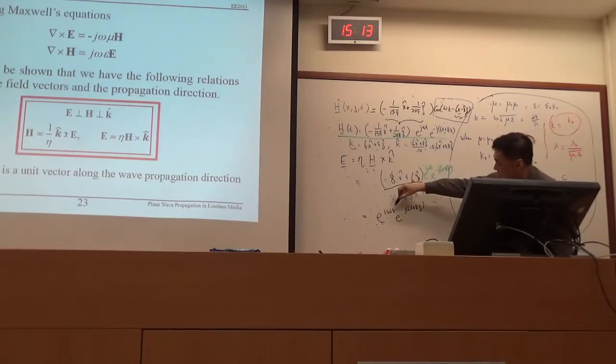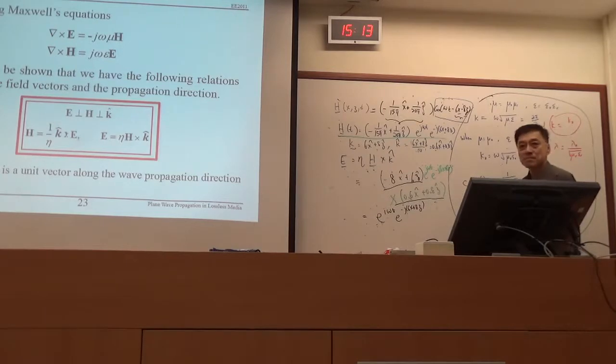Now I want to cross these two vectors. ax cross ax is 0, since the cross product of the same vector is equal to 0. ax cross az equals minus ay. So minus minus becomes plus, plus 8 times 0.8, 0.64.